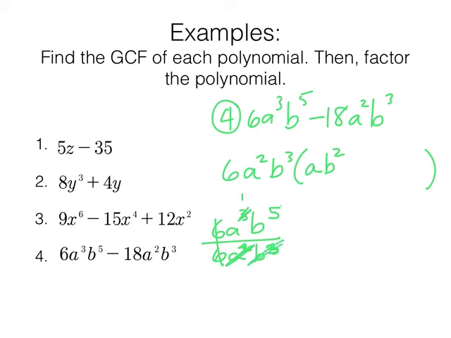And b cubed cancels out 3 of these, leaving 2. And then 18 divided by 6 is 3, so minus 3. It's not 8, it's 3, I'm sorry. A squared, divide off an a squared, is going to be no a left. And b cubed divide off b cubed is going to be no b left. So I can move the parentheses in for this one too.